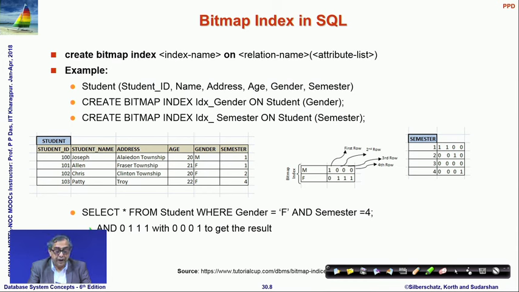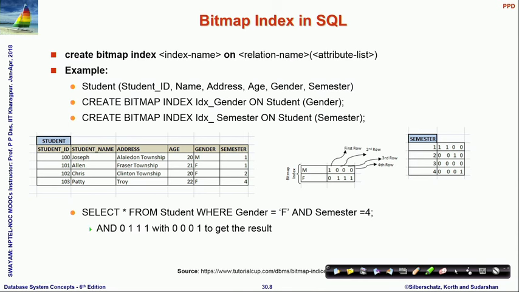If we AND these two, we will find that the result is 0, 0, 0, 1, which tells me that the 4th record, student ID 103, is the result.